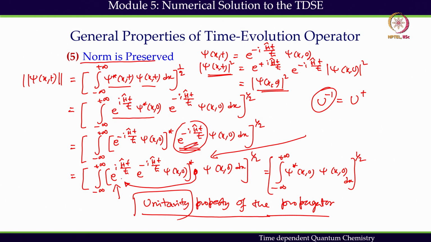This part and this part are inverses of one another. And so because it's a unitary operator, its norm is preserved. So that's something which we should remember. As a result, the normalization constant does not change during the dynamical evolution of the quantum system. So these are the 5 properties we have shown so far, and we will stop here, and we will present the numerical implementation of the time evolution operator in the next session.